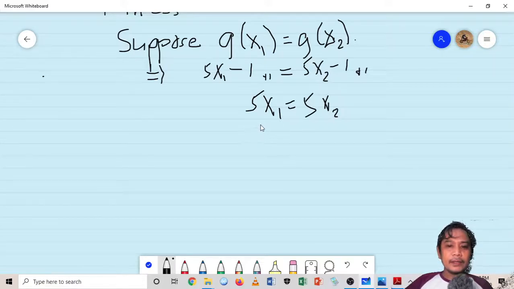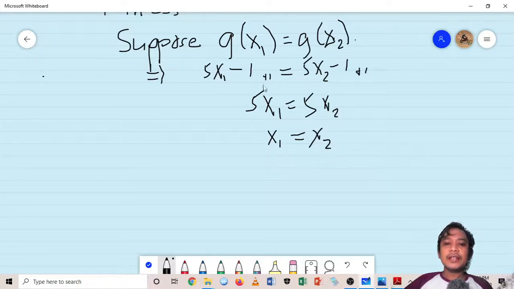Okay. And then, we can multiply both sides of this equality by the reciprocal of 5. That is 1/5. Multiply this by 1/5. Also multiply this by 1/5. We would have 5 over 5 x sub 1 equals 5 over 5 x sub 2, which would give x sub 1 equals x sub 2.